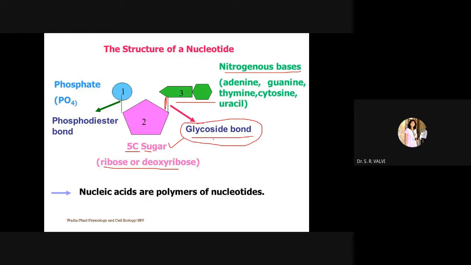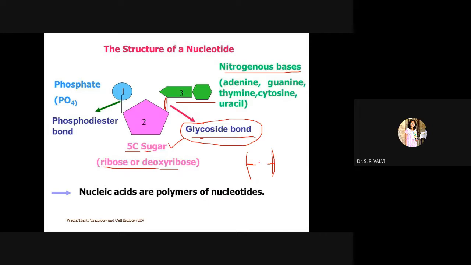Glycosidic bond. And the glycosidic bond is not diametrically symmetrical to the other glycosidic bond. It means the bond on this strand is not exactly similar or placed parallel to the bond on the other, and hence they are non-symmetrical.